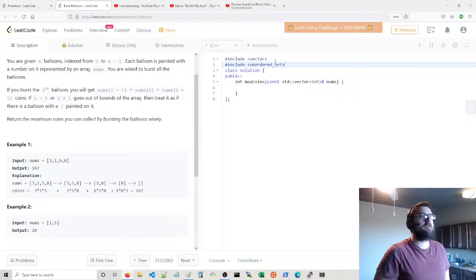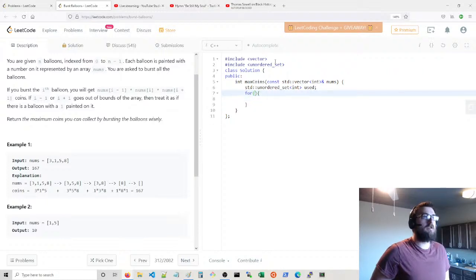That's simple enough. And then we'll just say used. And we can say while used.size is less than nums.size.